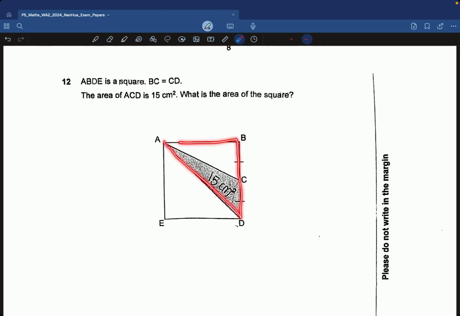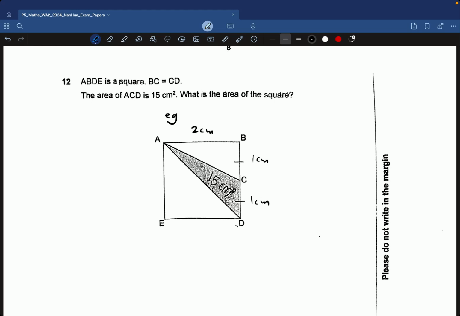And the thing is that we also have this. These two lines over here are the same. So let's do a little bit of visualization. You know that half of the square is a triangle. For example, if this is 2 centimeters, for example, so this is an example, this is not the right answer, that means this is 1 centimeter, this is 1 centimeter as well.